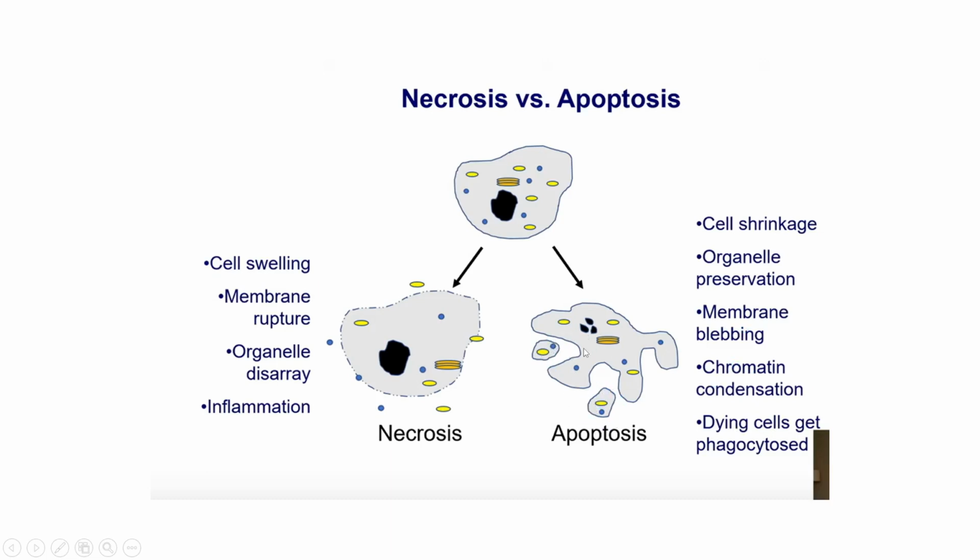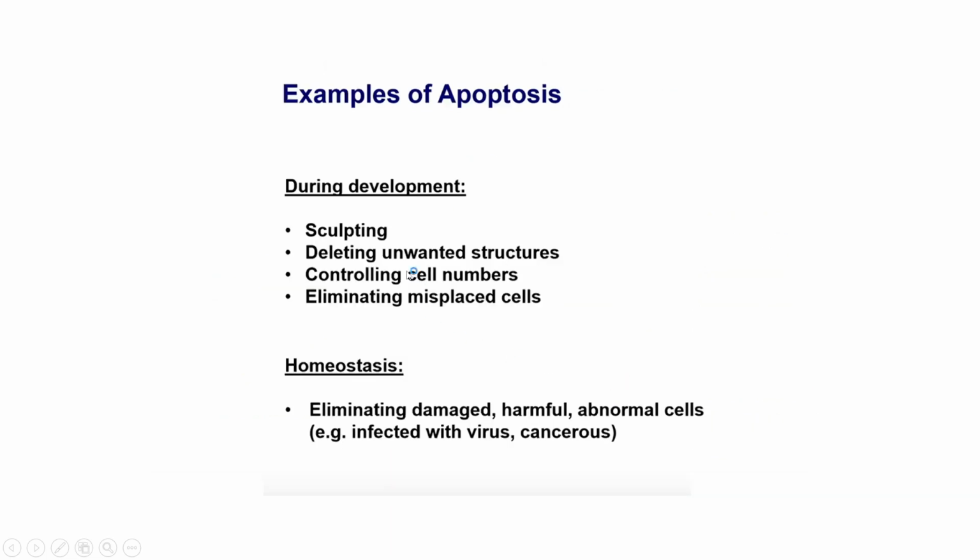So in apoptosis, the membrane gets flapped, the volume gets reduced, and the membrane pieces separated from this apoptotic cell are phagocytosed by the phagocytic cells. Okay, and it does not promote inflammation. So these two differences are important: necrosis promotes inflammation, while in apoptosis, you don't get inflammation.